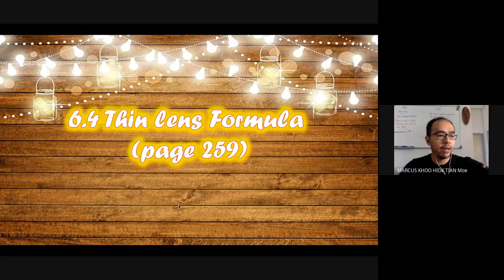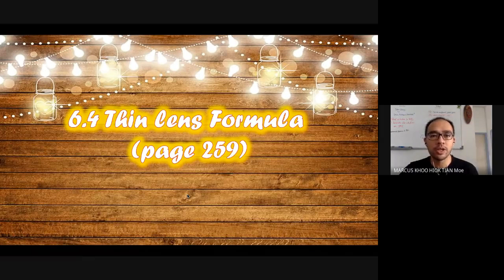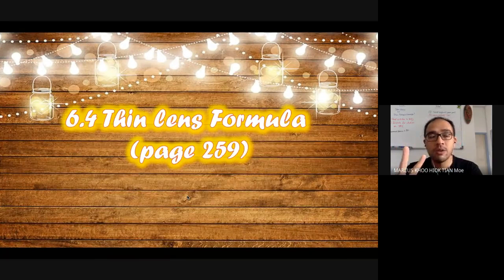So I am showing you the PowerPoint slide, and the title is Thin Lens Formula. If you cannot see the slide, let me know. If you can see, I'm just going to continue talking. Last week and up to yesterday, we were talking about thin lenses, and we learned that there are two types of lens: the converging lens and the diverging lens.